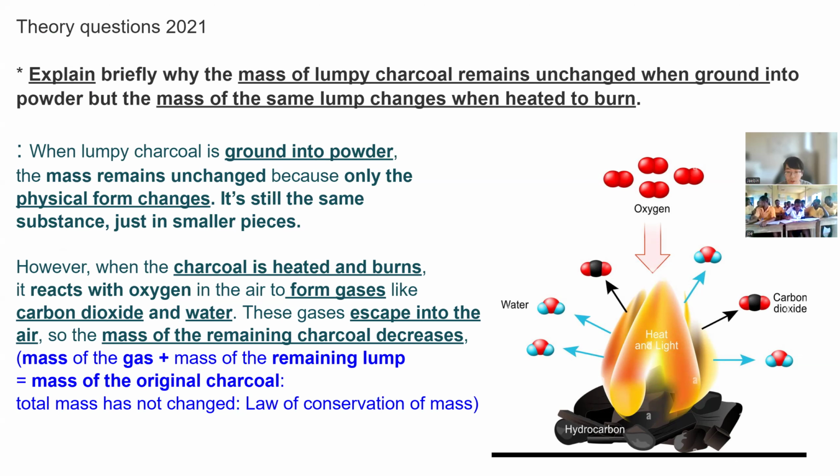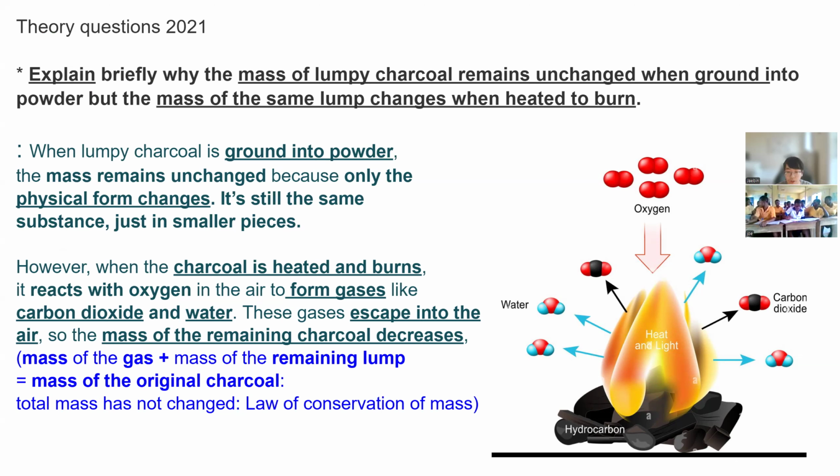However, when charcoal is heated and burned, a chemical reaction occurs, and this is a chemical change. Burning charcoal releases heat and light energy to form fire, and it also releases carbon dioxide and water if there is oxygen in the environment.